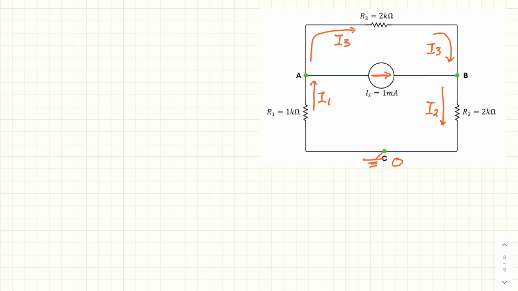So let's write down the KCL at node A and node B. KCL at node A, we can say I1 equal to I3 plus IS. And this is equation 1.